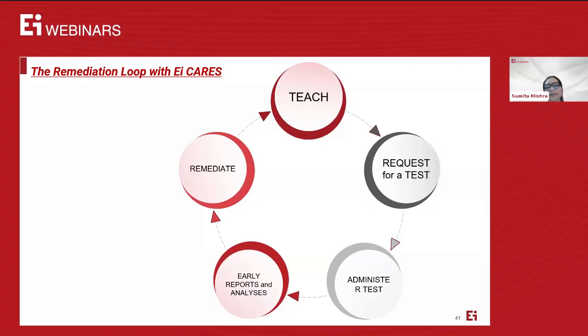Once the test is administered, we give you the reports, and we showed you a couple of reports earlier on the screen. These reports, like we mentioned, would give you the CRO breakup, that is the critical, recommended, and optional questions breakup. They also come with questions that are defined as critical, and they tell you what kind of misconceptions these questions are addressing.